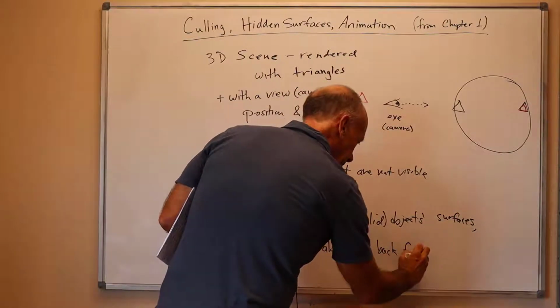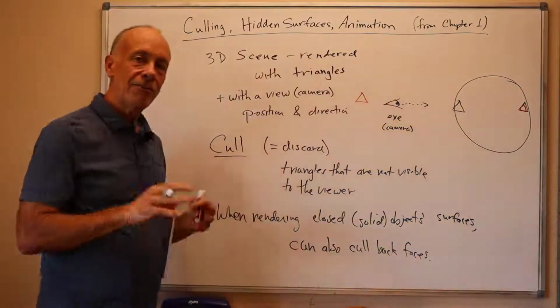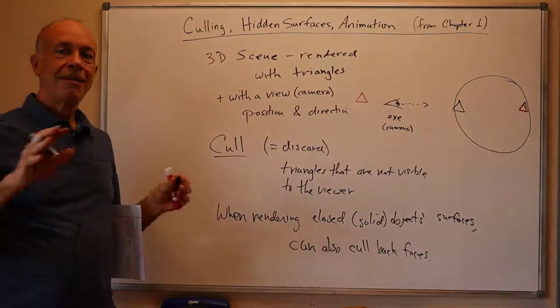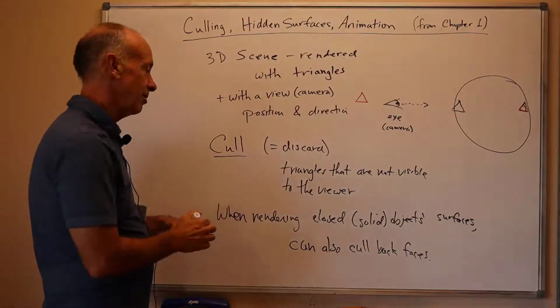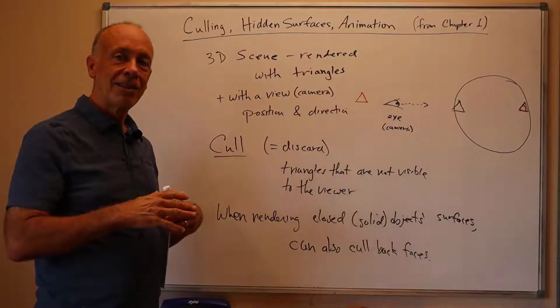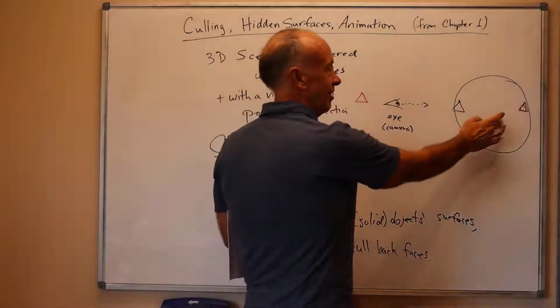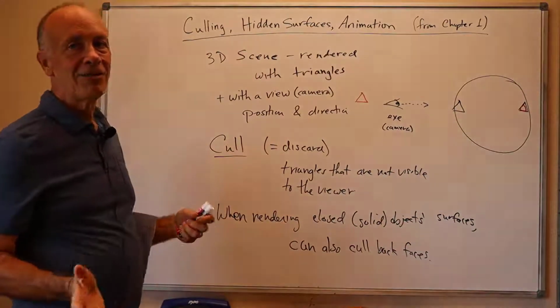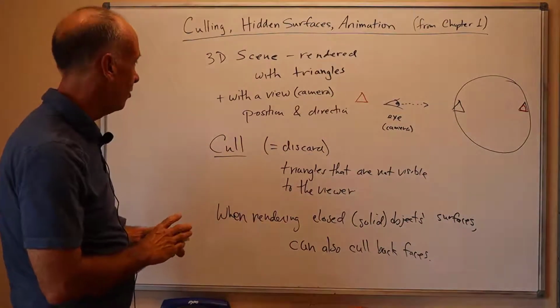Of course, that assumes that we've correctly modeled the surface with the front faces facing outward from the surface and the back faces facing inward of the surface. And it also assumes that the viewer is outside of the solid objects, that somehow the viewer hasn't gotten inside the sphere. If the viewer got inside the sphere, you'd be able to see the back faces, of course.